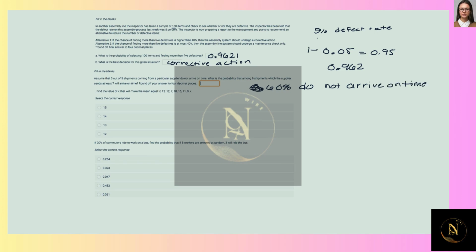Okay. And the probability that among 9 shipments with the supplier, that 7 will arrive on time. So 2 out of 9 will not arrive on time. And 7 out of 9 arrive on time. It wants to know what that probability is.